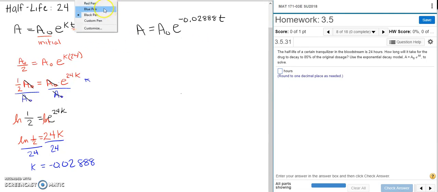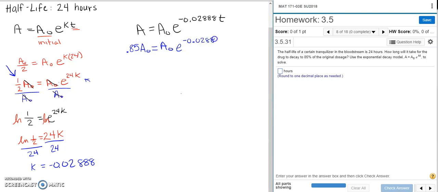We don't know how much we started with, but we know that if we started with some amount, A0, we want to end up with 85% of our original, so 85% of A0. This is the same setup that we used over here. It's the same concept, except now we know what k is and we're looking for t.